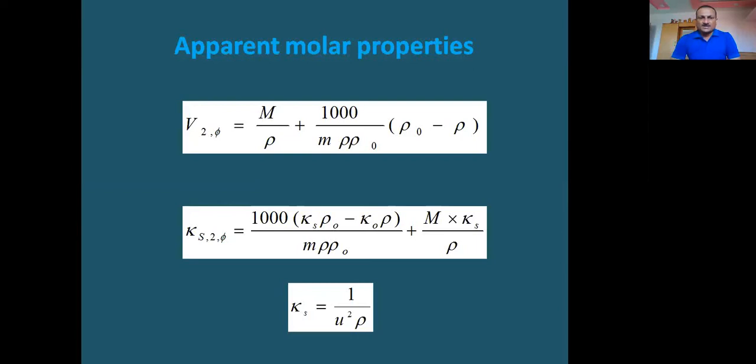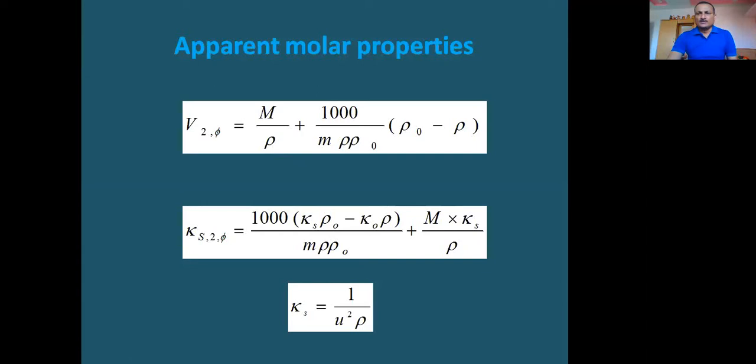As we know, these are the standard equations for the determination of apparent molar properties, like apparent molar volume, which is V2 phi, equals M by rho plus 1000 (rho 0 minus rho) by m rho rho 0, where in this equation M is the molecular weight of the solute, rho is the density of the solution, and small m is the molality of the solution.